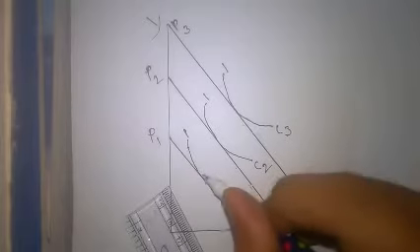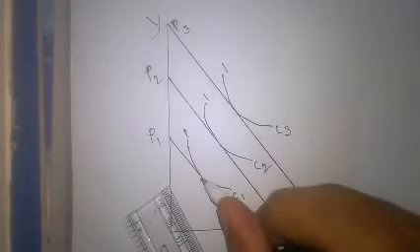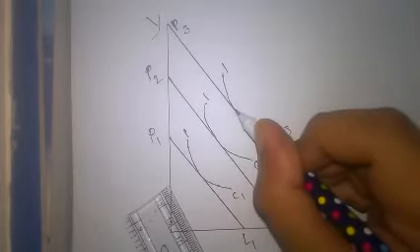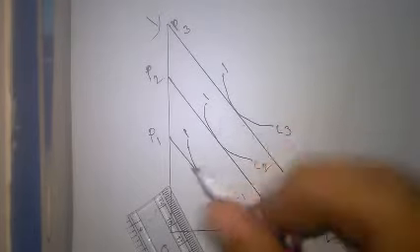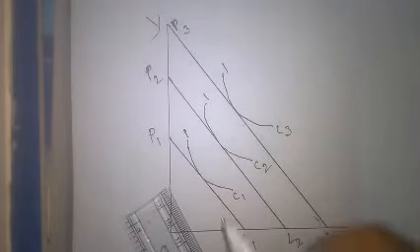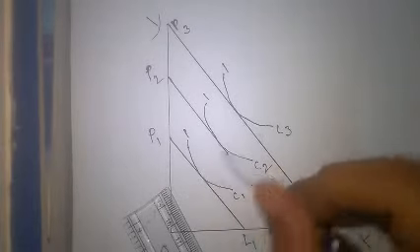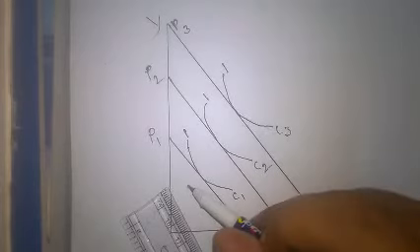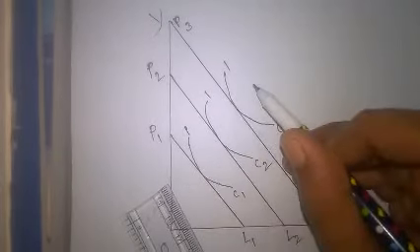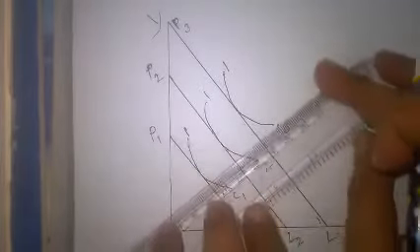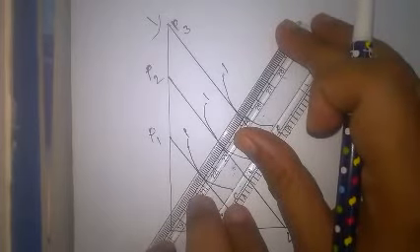You can see that there are 3 indifference curves and 3 budget lines, and of course there are 3 intersection points, or we can say that these are 3 equilibrium points. And if we add all these 3 equilibrium points with a single line, we will get our income consumption curve. So let's just add all these points with a single line.